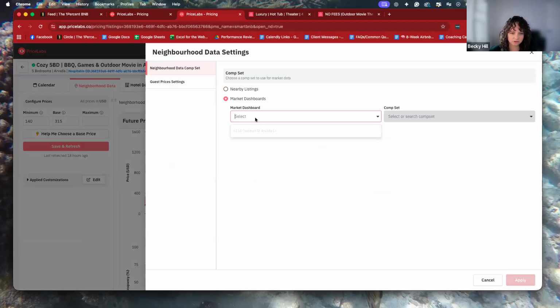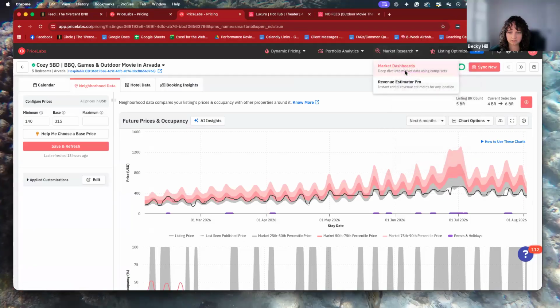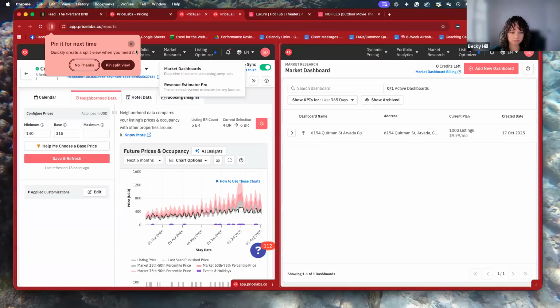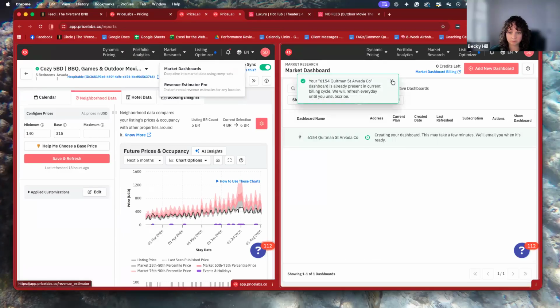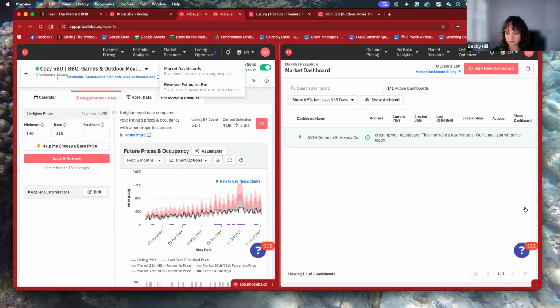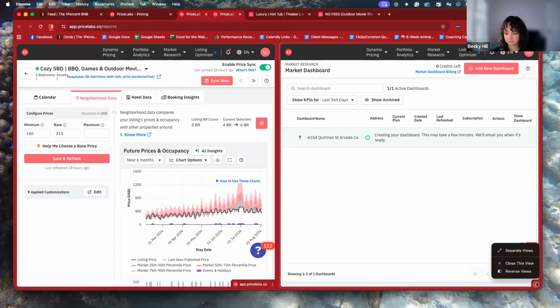You can go to market dashboard. Oh, I turned it off, so that's why. Oh, so I didn't mean to do that. Apparently this has to be on. I did not mean to split screen this.